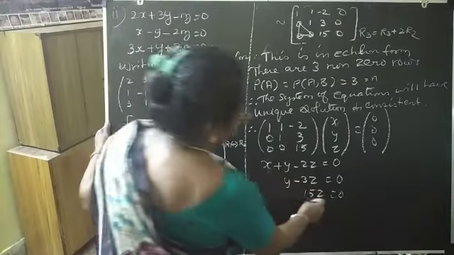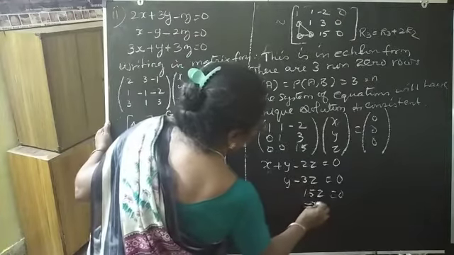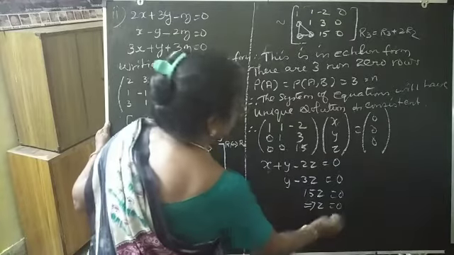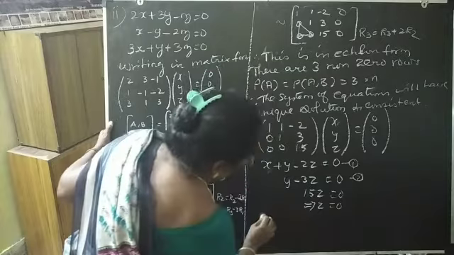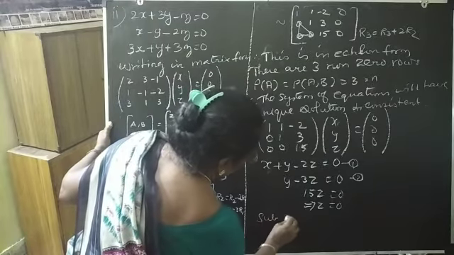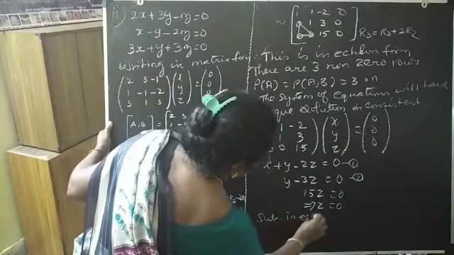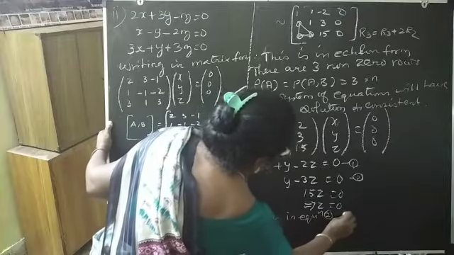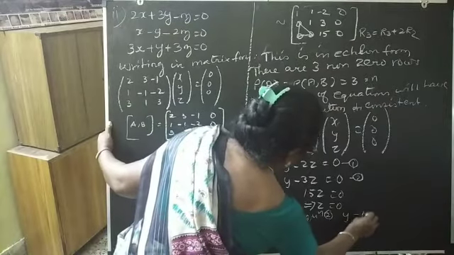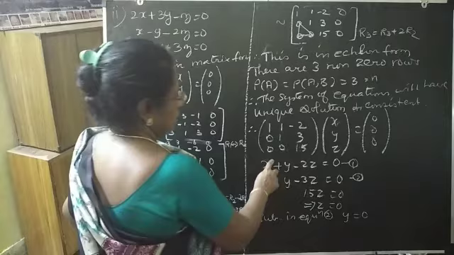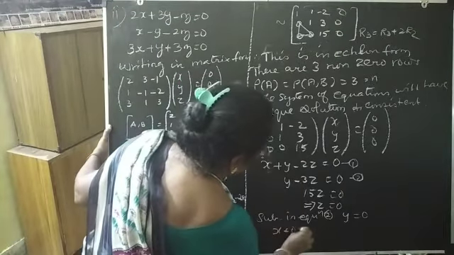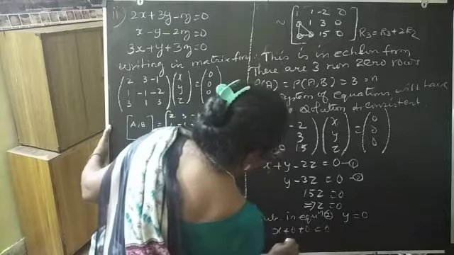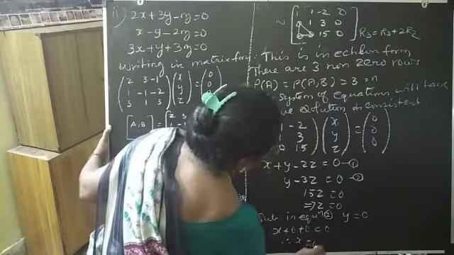So, 15z is equal to 0 implies z is equal to 0. Substituting in equation 2, we get y is equal to 0. Then substituting in equation 1, we get x plus 0 is equal to 0. Therefore, x is equal to 0.